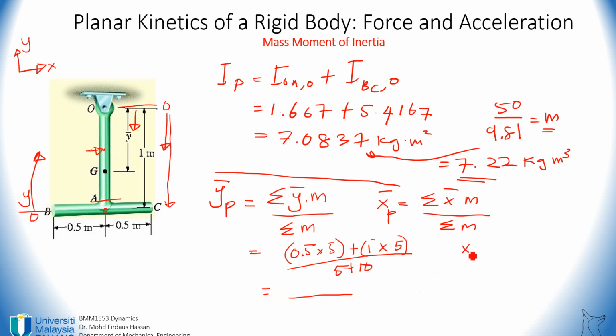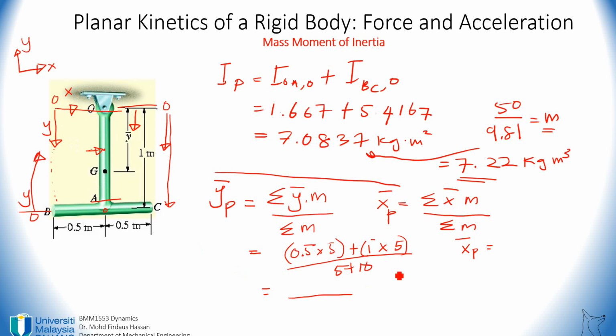For x, let's take x measured from where? You can define x measured from, let's say this is y, x measured parallel to b, this is 0. Okay, this one x, this one y.